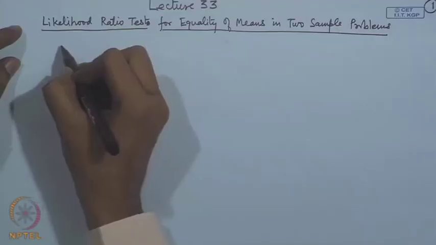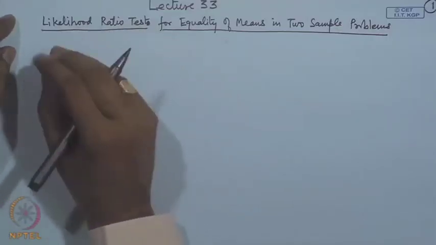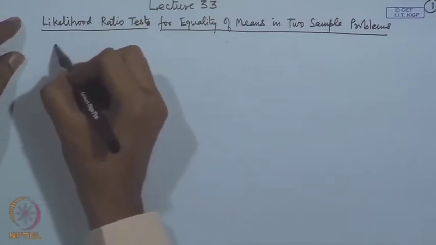Now, today I will firstly derive the test when we are having the null hypothesis as equality and the alternative hypothesis as the inequality. So, let me reintroduce the model here.